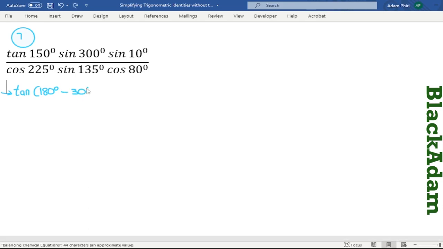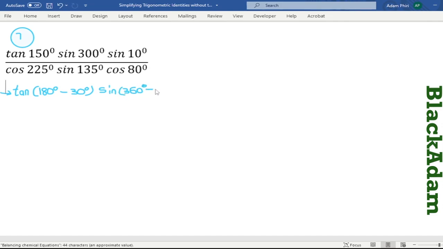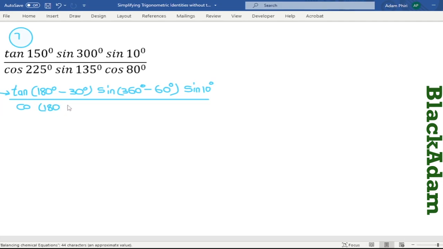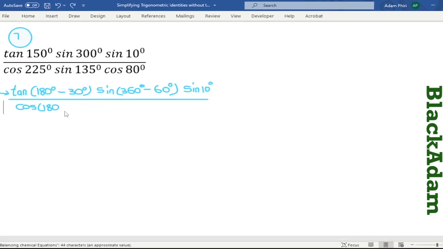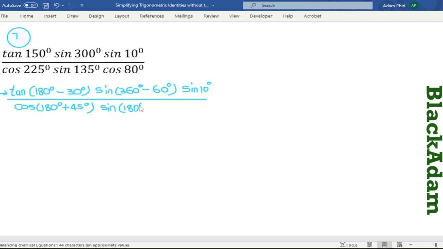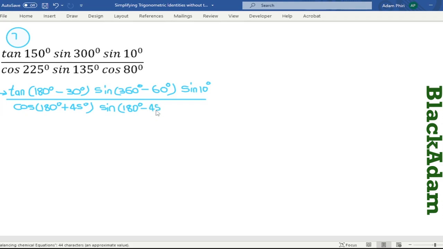Then you have tan 150 degrees, so that would be tan of 180 degrees minus 30 degrees. And then we also have sin 300 degrees equivalent to sin of 360 minus 60 degrees. Sin 10, we just leave it there. So cos 225 degrees will be cos of 180 degrees plus 45 degrees. And then sin 135 degrees is going to be sin of 180 degrees minus 45 degrees.